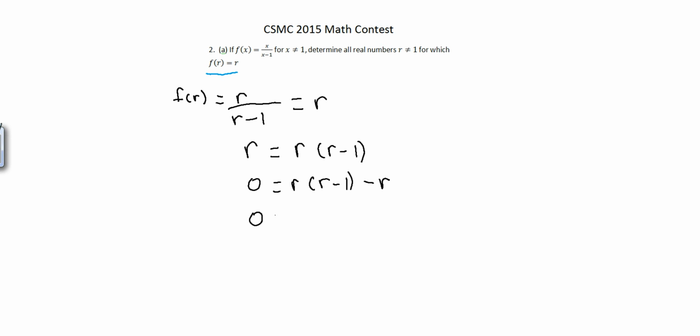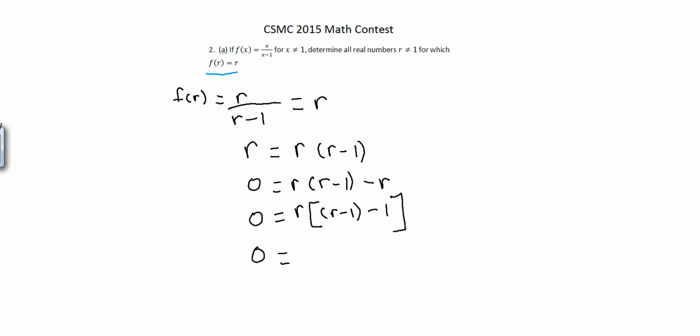So I'm going to factor out r. 0 equals r times r minus 1, because r times r minus 1 gives us this first term, and then minus 1. So yeah, r times r minus 1 in brackets gives us this first term, and r times negative 1 gives us this last term.